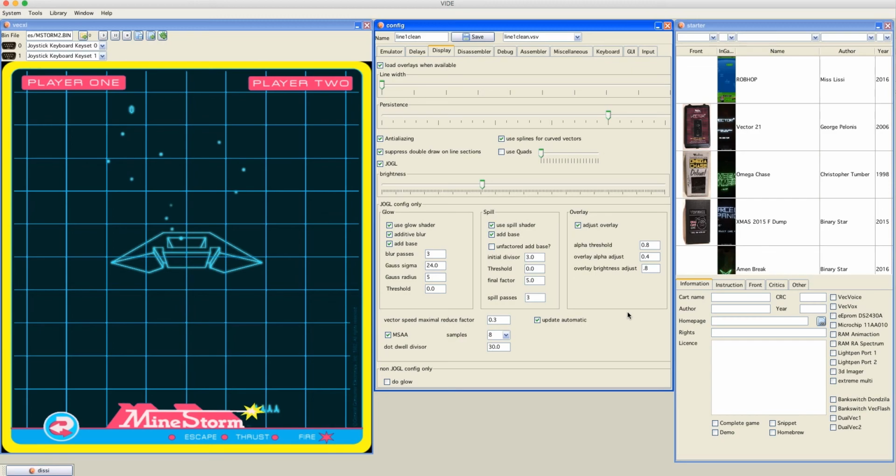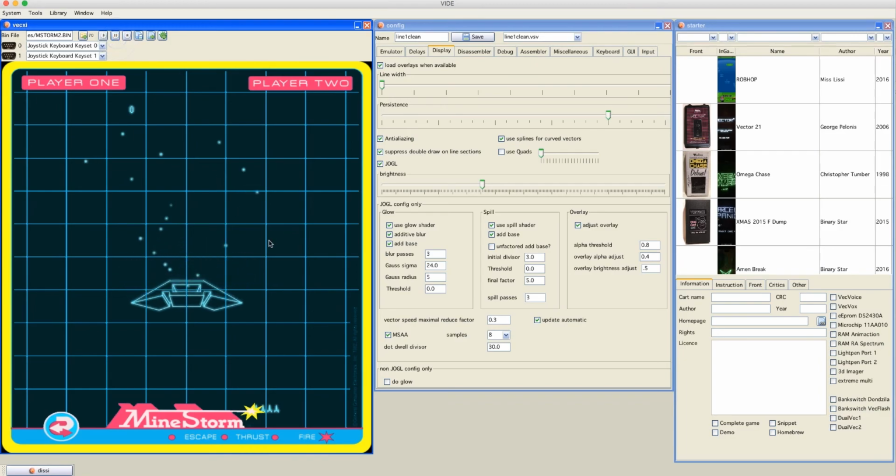You can configure it brighter, but anything brighter than 0.5 can also be configured via the glow or the spill shaders. That way you can adjust the overlay or the brightness of the data coming through the overlay.